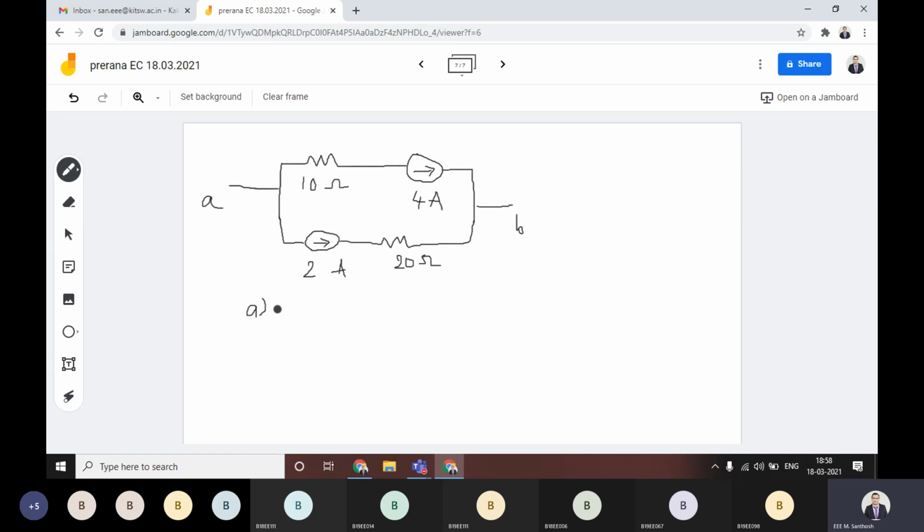A: minus 100, 30 ohm. B: minus 2 volts and 30 ohm. C: 10 by 3, 30 ohm. D: none of them.